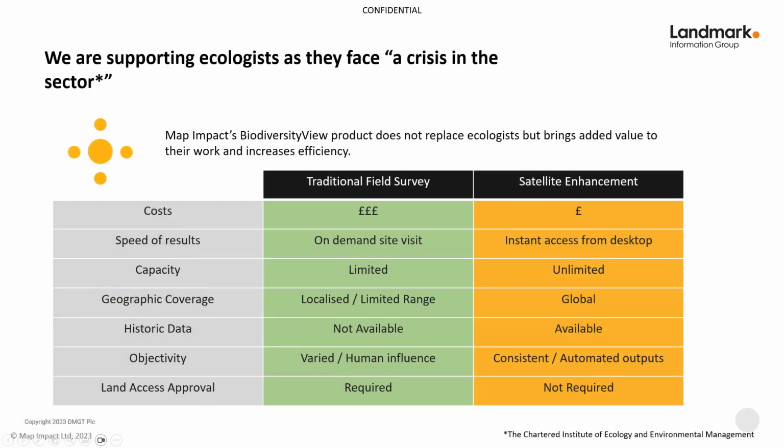Just to build on some of the comments that Professor Lee made at the beginning, the opportunity that we saw within Map Impact was that there is a real shortage of ecologists within the community for supporting the Biodiversity Net Gain legislation. That's what led us to look at producing a nationwide biodiversity, habitat and condition layer, which I'll show some examples of in a minute.